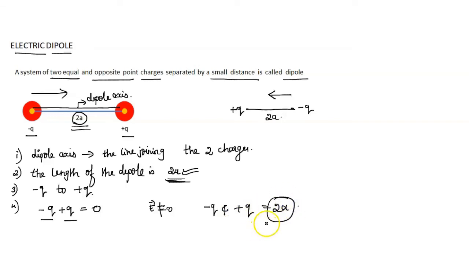Since the charges are separated by some distance, there will be a relevant field due to these charges. Hence the electric field due to electric dipole is not 0. So this is all about the physical significance of electric dipole.